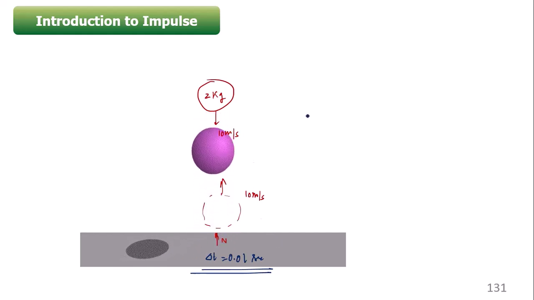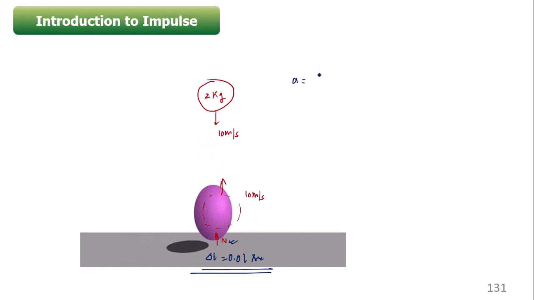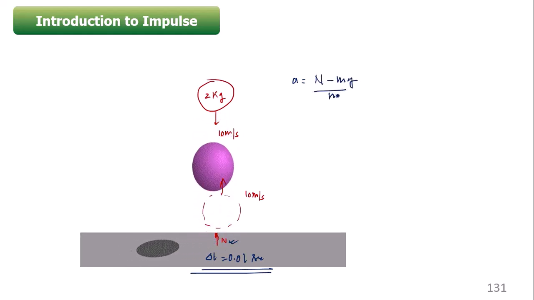Now I want to calculate the acceleration of the ball because of the normal reaction N. Acceleration is nothing but the rate of change of velocity. The total upward force is N minus mg, divided by m, which is the acceleration in the upward direction.